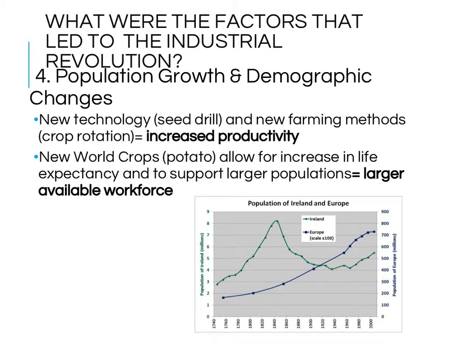And so the fact that agriculture became more productive meant that there was a larger population available to work in other jobs. It also meant that some of those farmers just weren't really needed anymore. Farming became so productive that not everybody had to farm all the time in order to feed the population. And so it freed up people to go do other jobs.